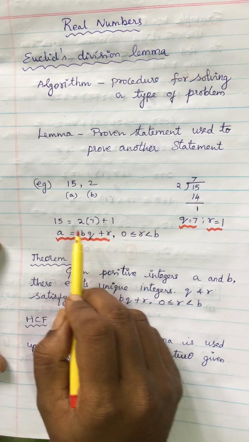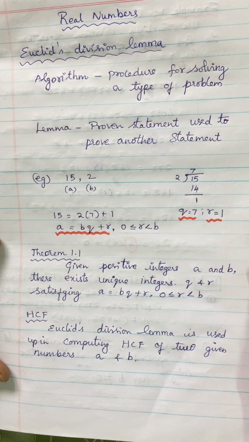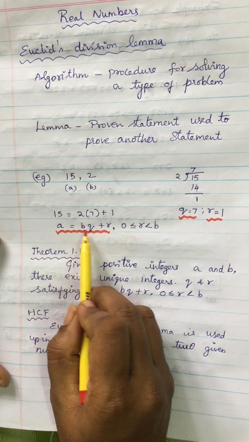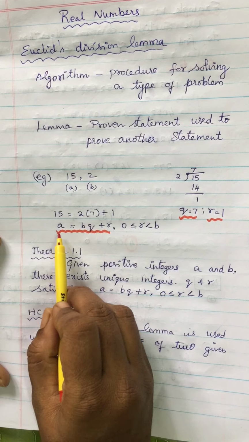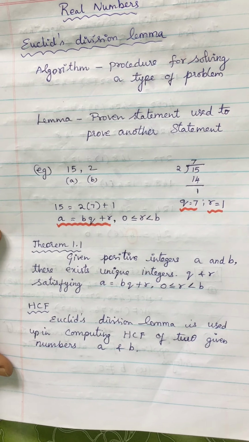All these things you would have studied in your earlier classes, how to divide the dividend by the divisor, and you have studied this form of representation also in your previous classes: a is equal to bq plus r. So what does theorem 1.1 say?